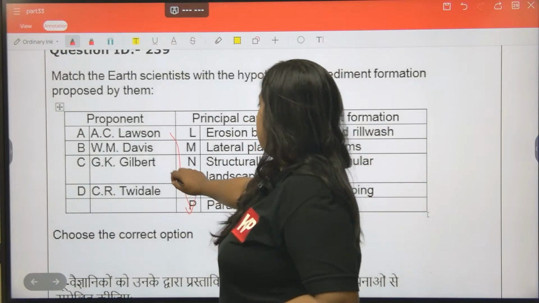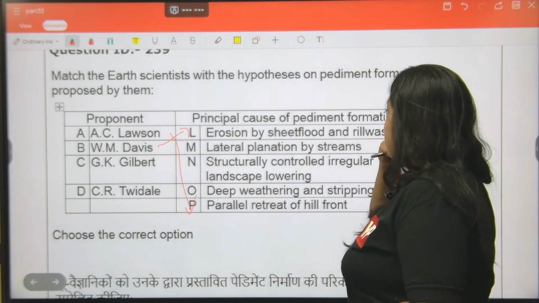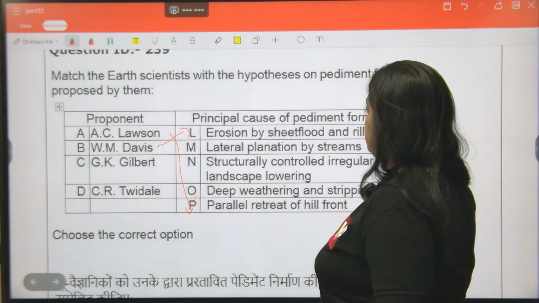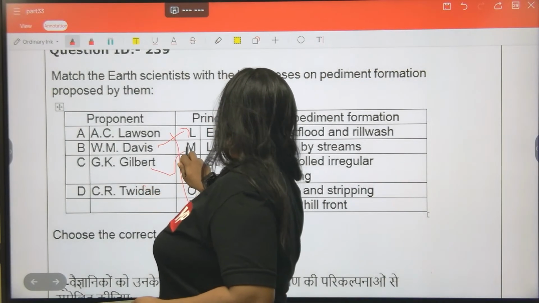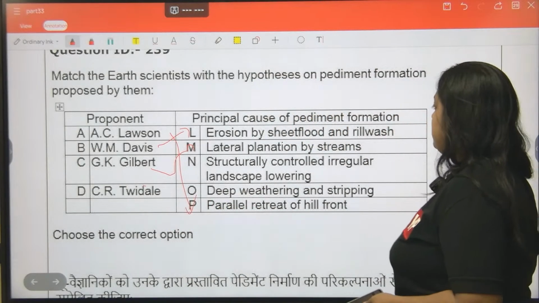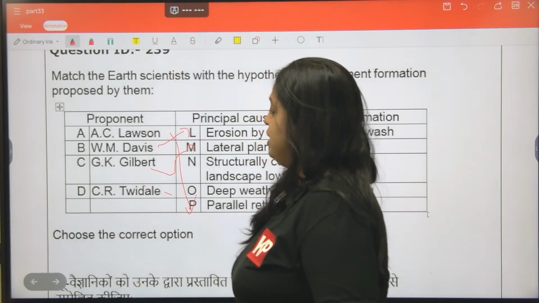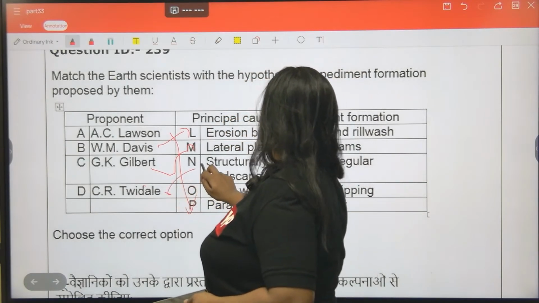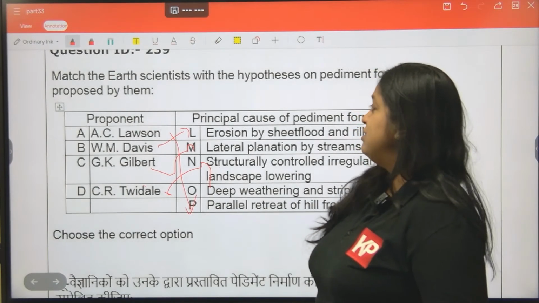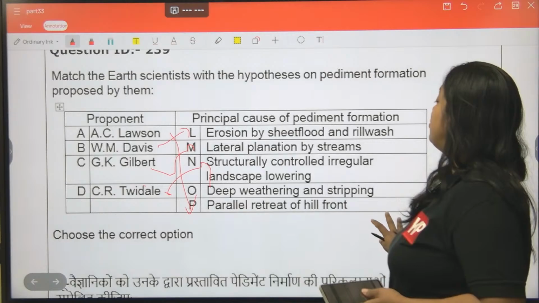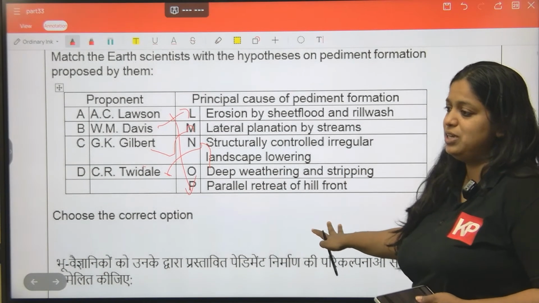W.M. Davis discussed erosion by sheet flood and rill wash. G.K. Gilbert discussed lateral planation by streams. Then L.C. King discussed structurally controlled irregular landscape lowering. So the scientist with the hypothesis on pediment formation is discussed over here.